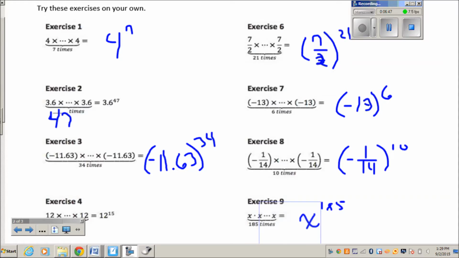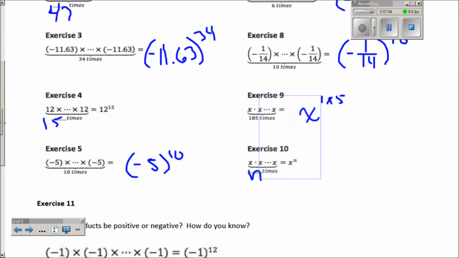Okay, so please take a moment now to check your answers. Please note that some of the answers have parentheses around the base. For example, exercise 6, 7, 8. Exercise 3 requires parentheses. Exercise 5 requires parentheses.